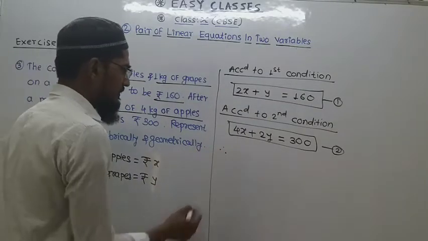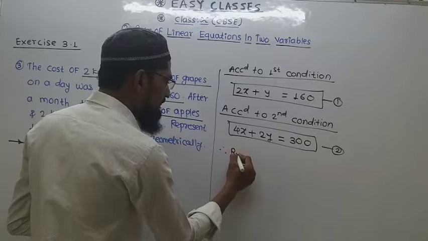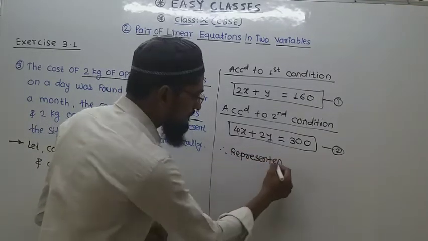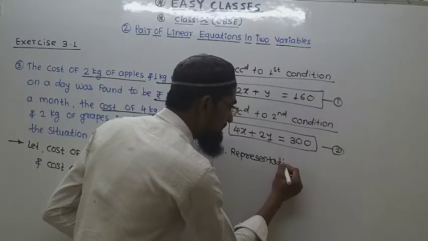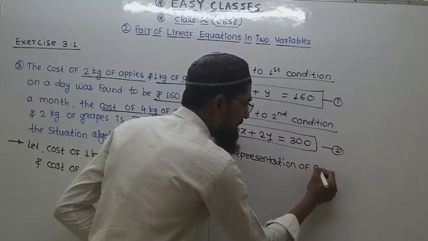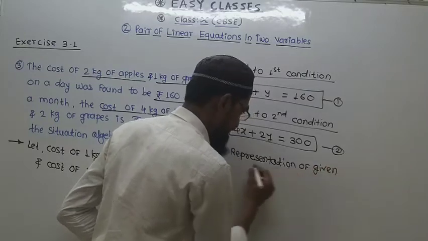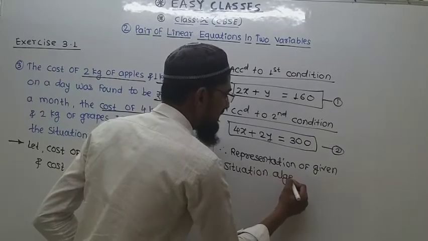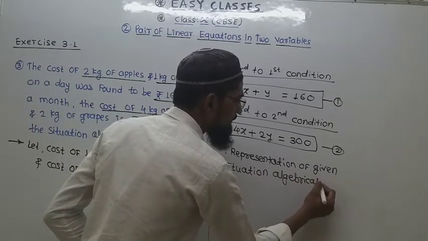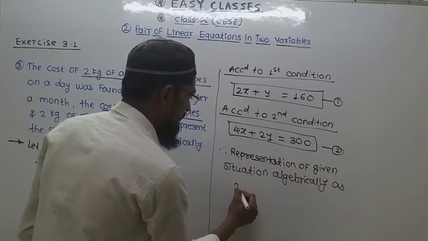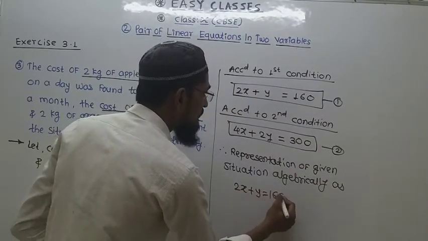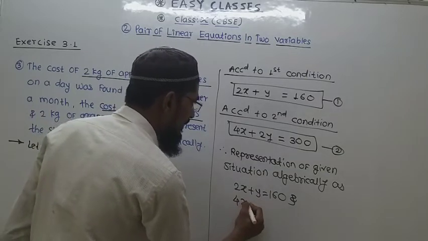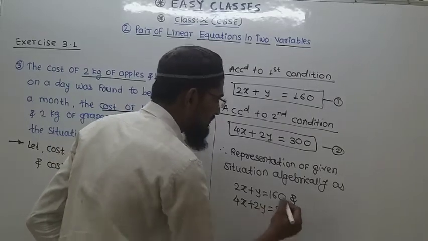Therefore, the representation of the above situation or given situation algebraically is, you only have to write the equations. 2x plus y is equal to 160 and 4x plus 2y is equal to 300.